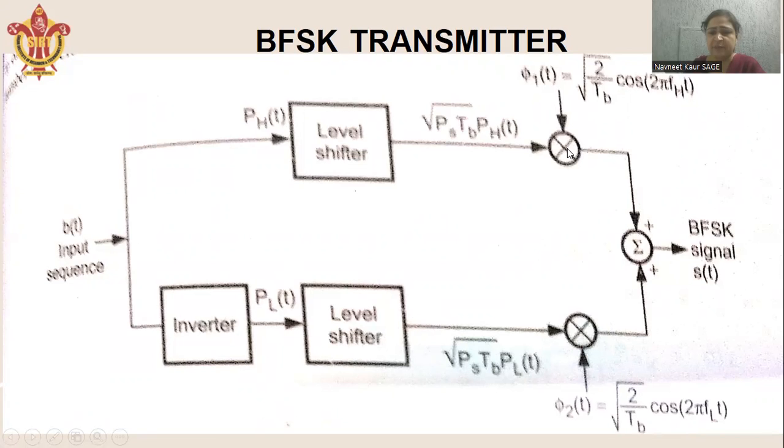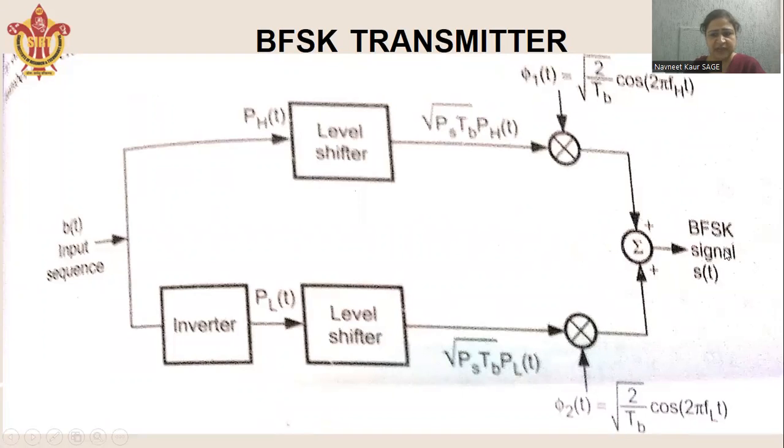Now here we have a product modulator and we have the carrier signal at the higher frequency, so we can see that here we have the carrier at 2 pi fH t. When this is multiplied by this carrier signal, we will get the output signal root 2Ps cos 2 pi fH t PH(t). Whereas since this is 0, the output of the lower loop will be 0.